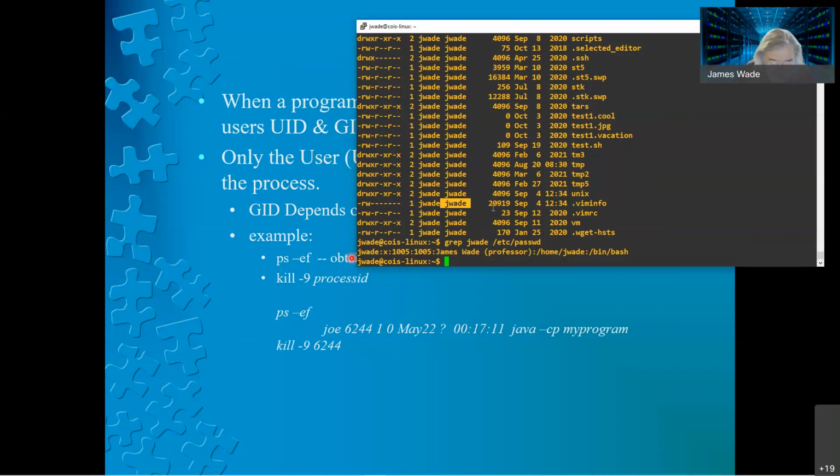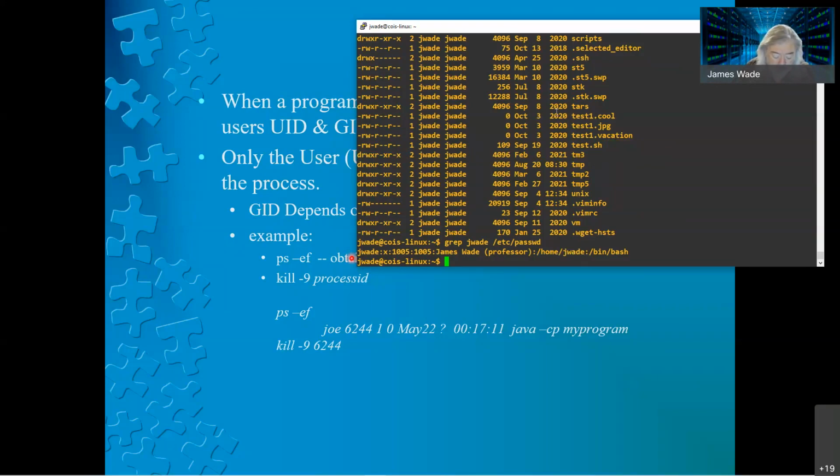So if I go to /home/jwade, the J Wade directory would still exist, that name, because that's not associated. It's basically somebody created a directory called J Wade. But if I did an ls -al of all the files, it would just show 1005 and 1005 right here.